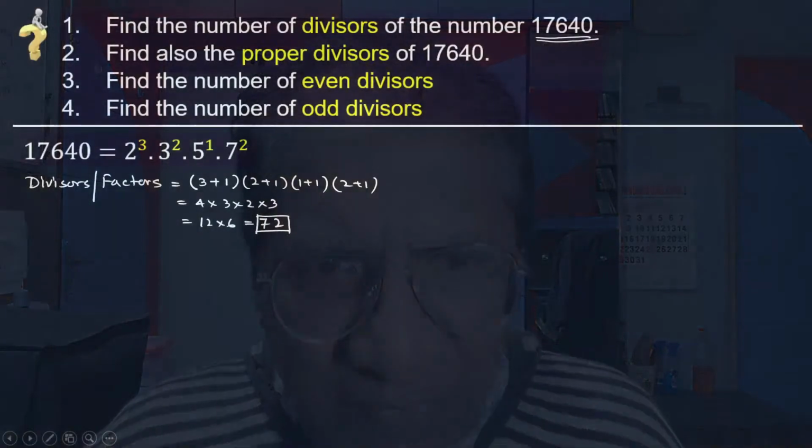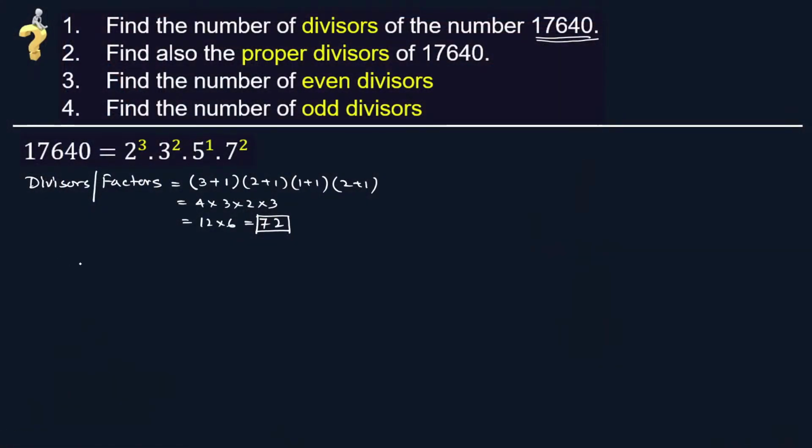Absolutely. Okay. Let's see the next problem. First is over. Second says, find also the proper divisors of 17640. Now the question comes, what is a proper divisor? Before knowing proper divisors, we must know what is an improper divisor.